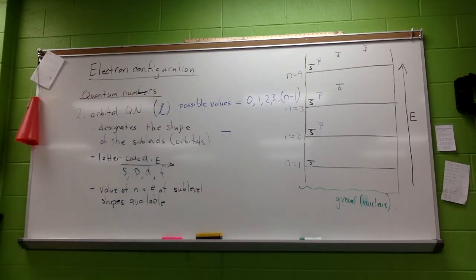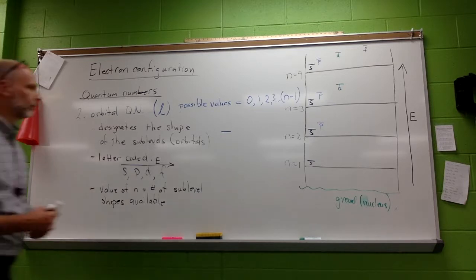So my possible values of L are going to be 0, 1, 2, 3, all the way through n minus 1. I know, it's going to be weird, but we'll put this together.